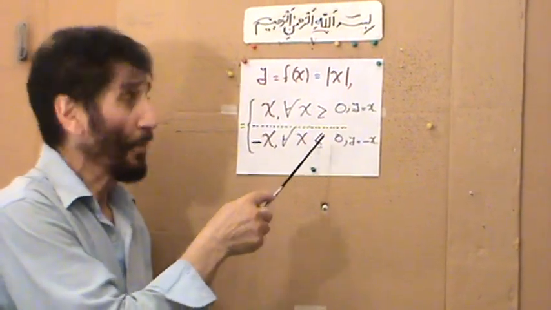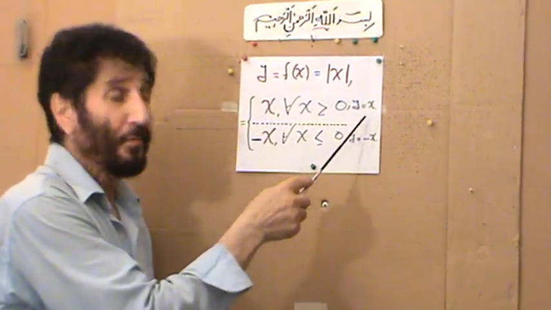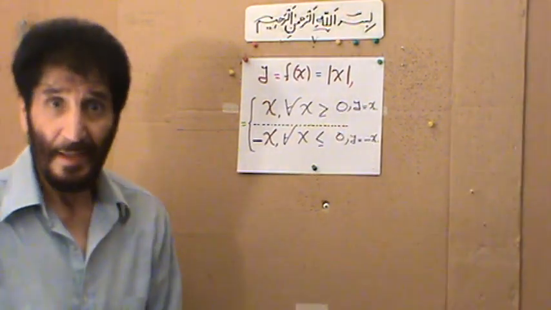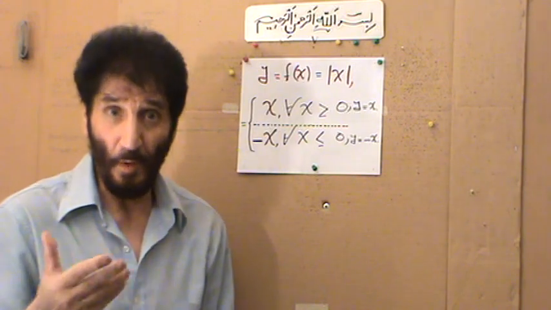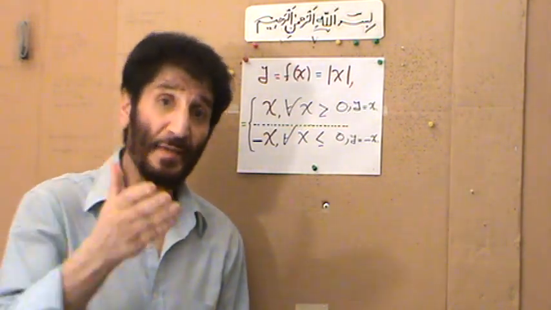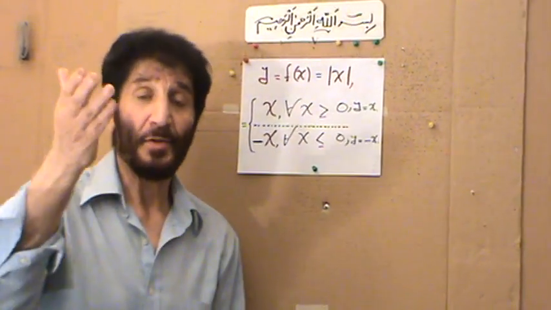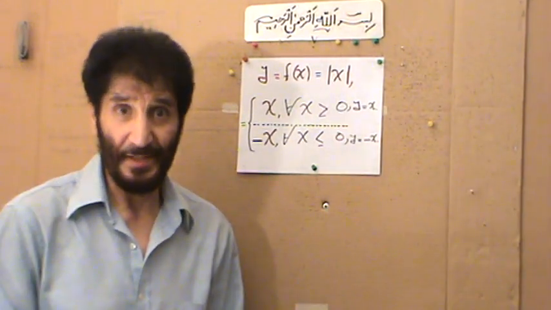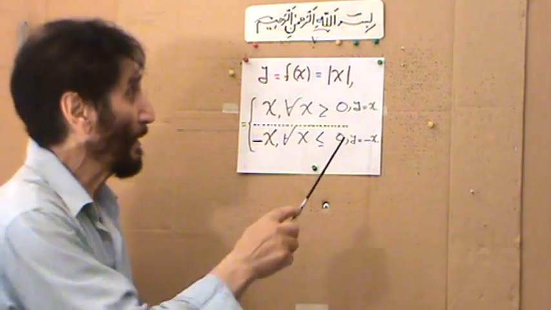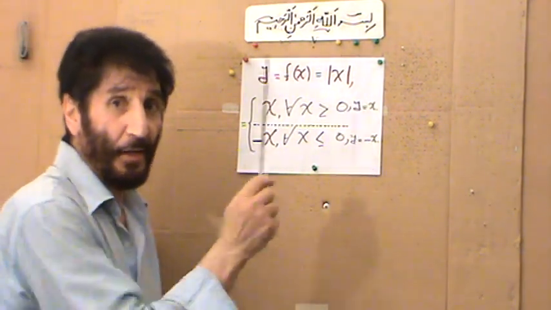You see that? The graph of the first one will be y equals x, which we are familiar with: a straight line with a slope of 1, 45 degrees in the first quadrant, continuing from the first quadrant to the third, indefinitely on both sides. So we have a perfect picture of this one in our head.